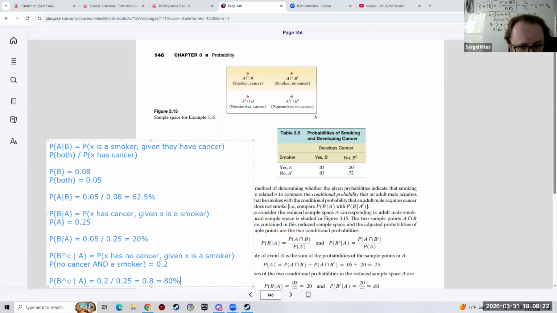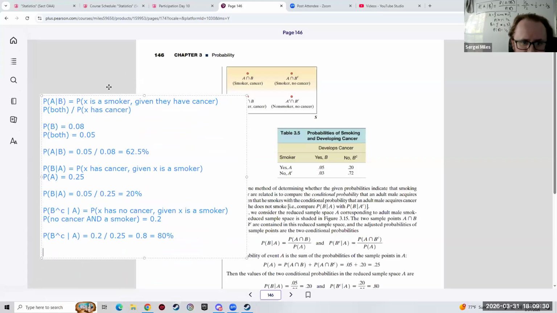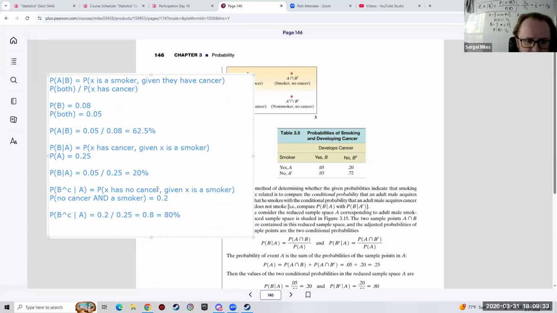We can ask the same question of, what's the chance of somebody having cancer if they are not a smoker? So, the last one we'll look at with this table: the probability of somebody having cancer given that they are not a smoker. So a complement is now my conditional information.